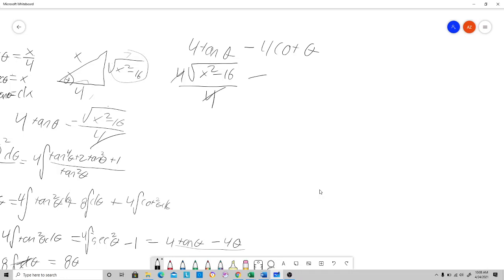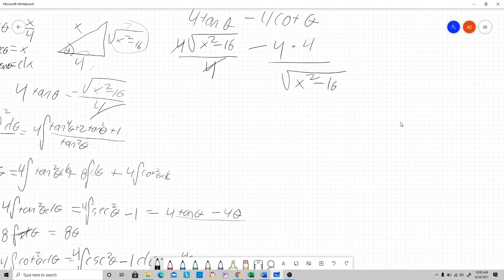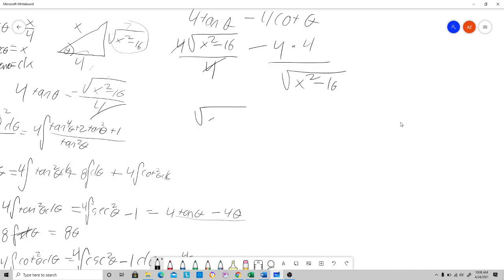And then minus 4 times cotangent, which is adjacent over opposite, so we still have this 4 right here, so it would be times 4 all over the square root of x squared minus 16. Now if we clean this up a little bit, it should be the square root of x squared minus 16 minus 16 over the square root of x squared minus 16, plus C.